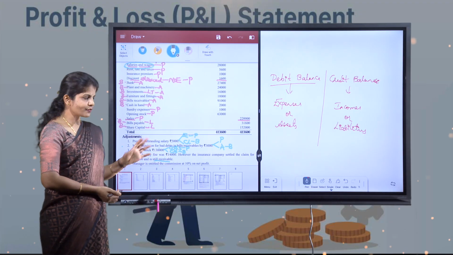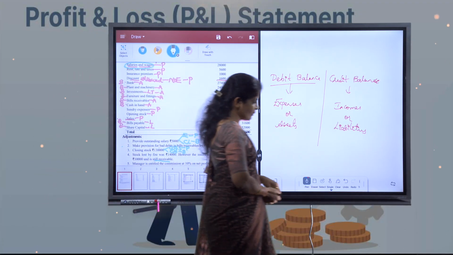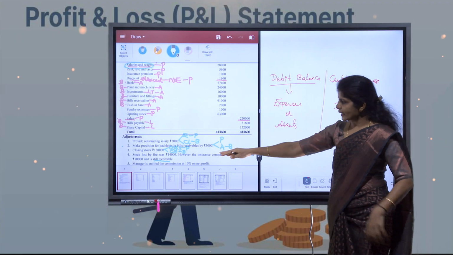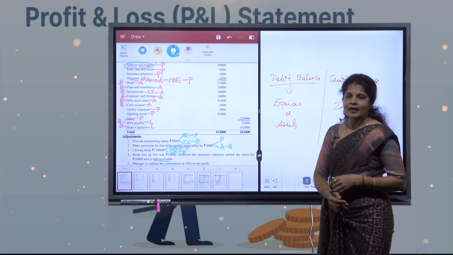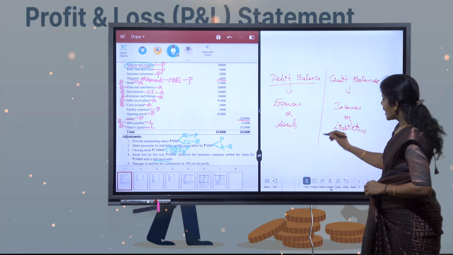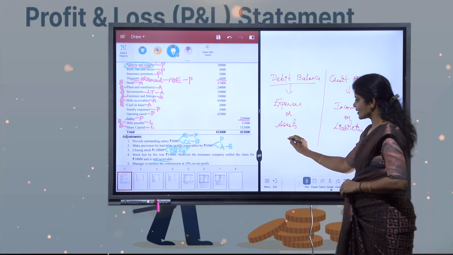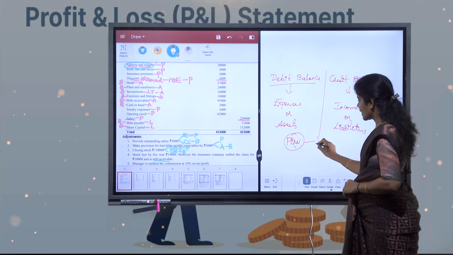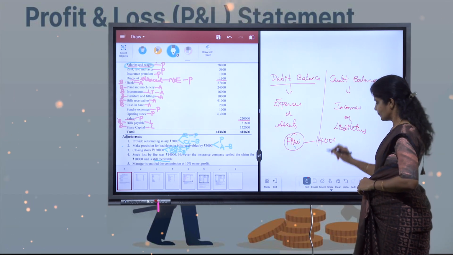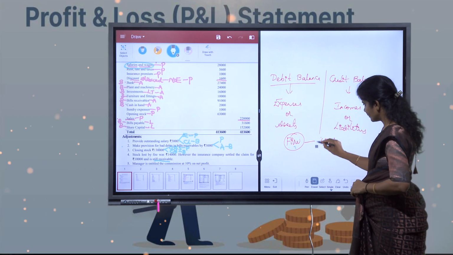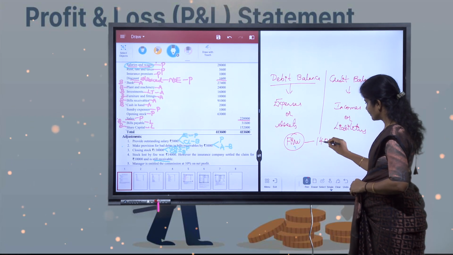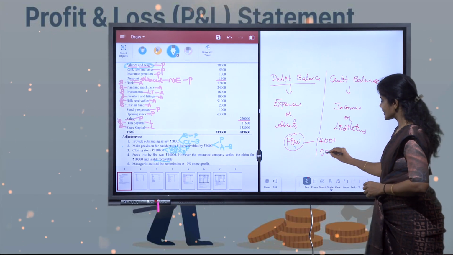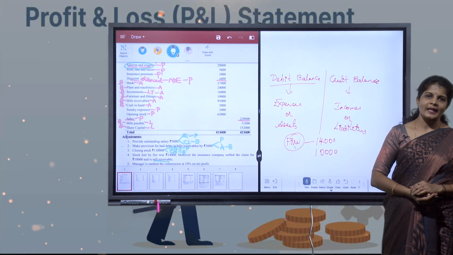So here we have to make some adjustment. For example, here the company has a loss of 14,000 by fire. The insurance company has agreed to make the payment of 10,000 rupees.